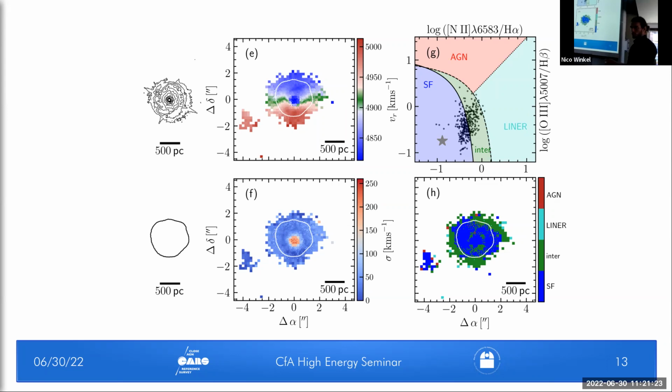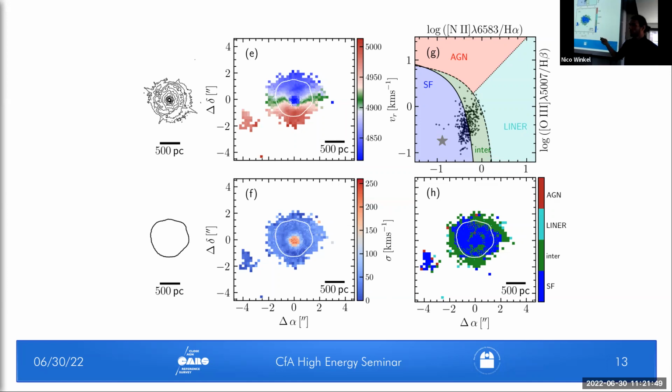Now we can use the emission lines in the optical to identify the underlying ionization mechanism. If you apply this BPT diagnostic here and compute the flux ratio between the emission lines, there are these demarcation lines from Kauffmann and Kewley, which tells you that the ionization field is not so hard in this regime, and the ionization parameter.